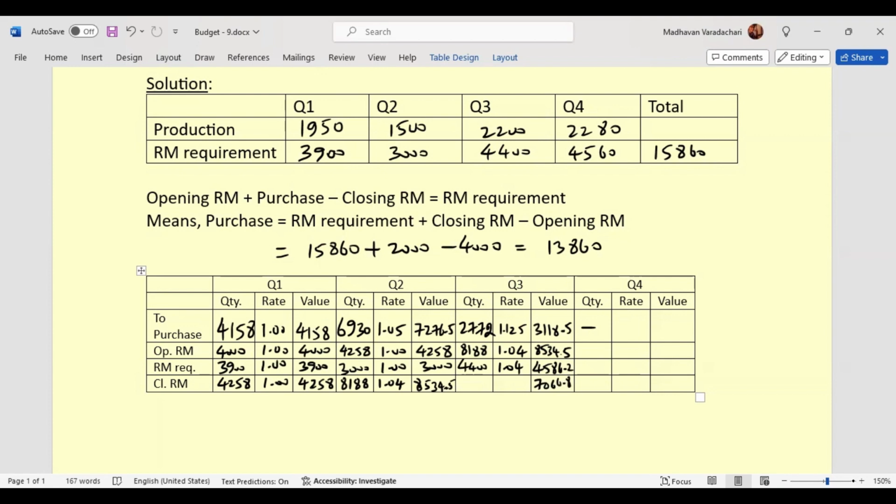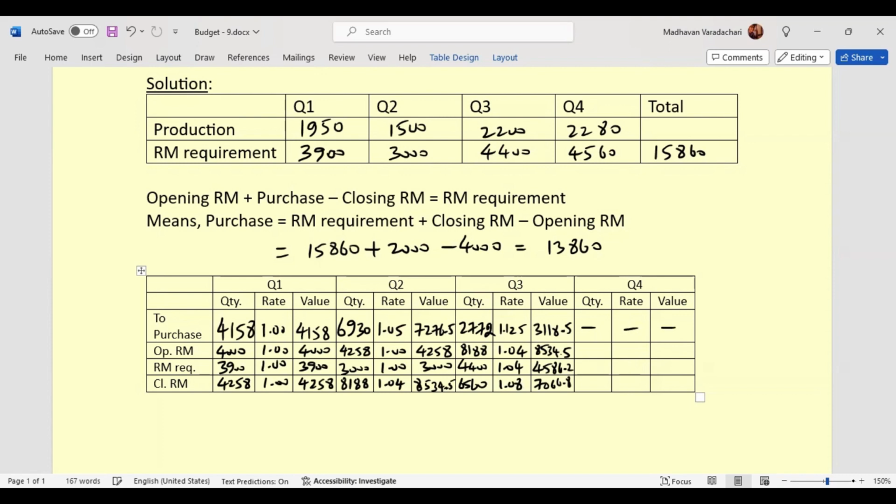And here the quantity is 6560. So the rate per unit will be 7066.8 divided by 6560. We get 1.08 approximate.